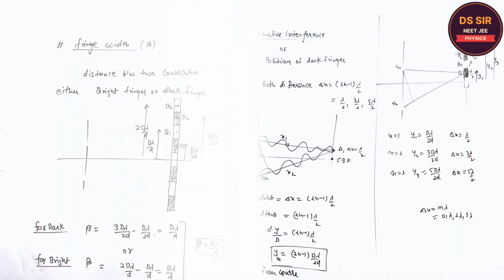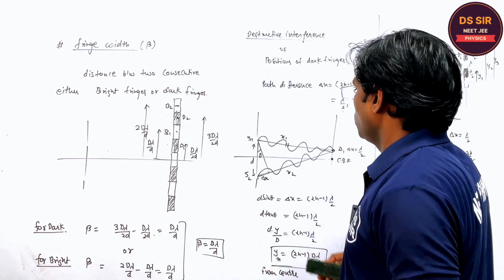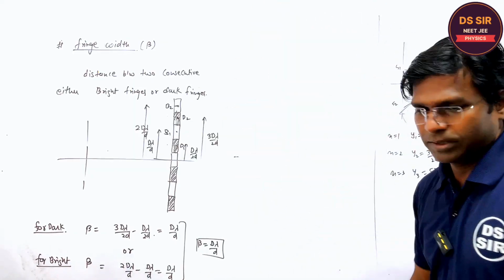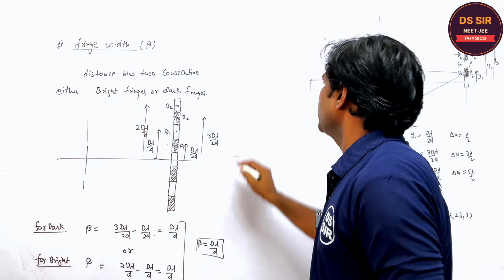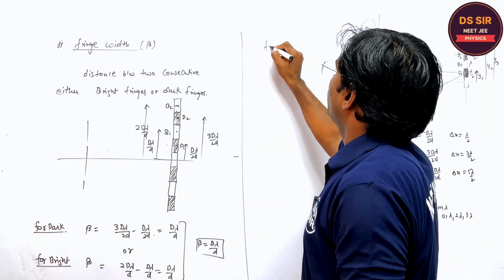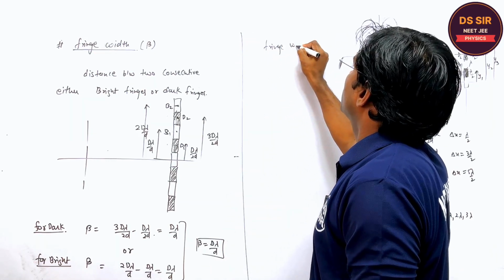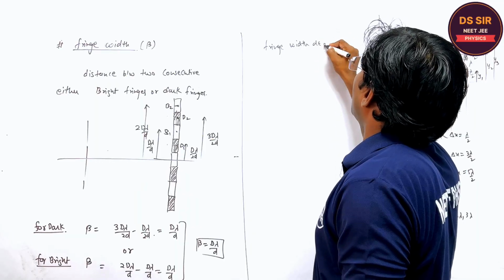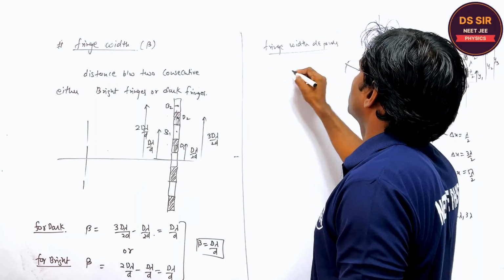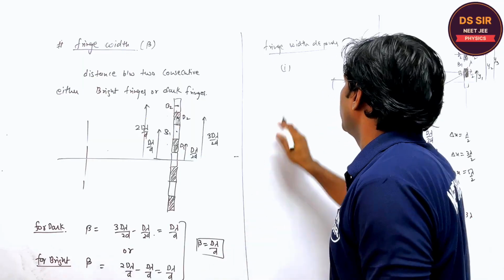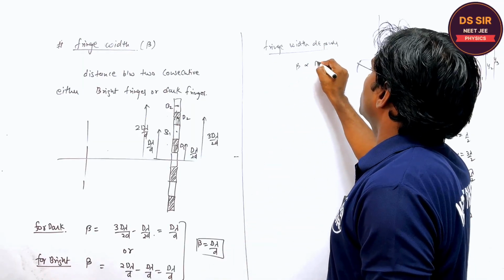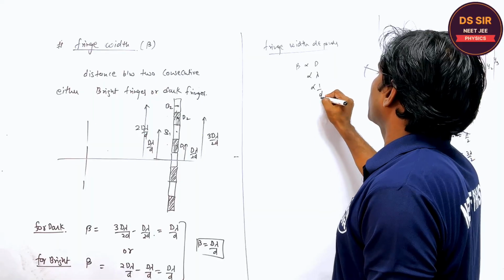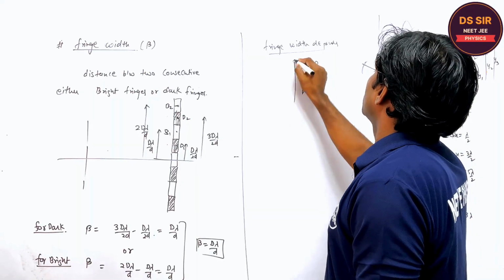Copy this. So the fringe width depends upon what? Beta is directly proportional to capital D, directly proportional to lambda, and inversely proportional to small d.